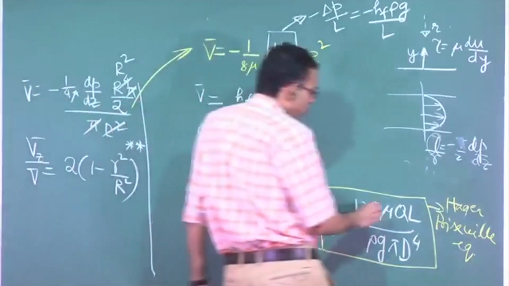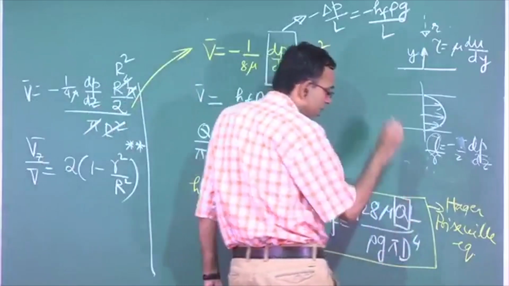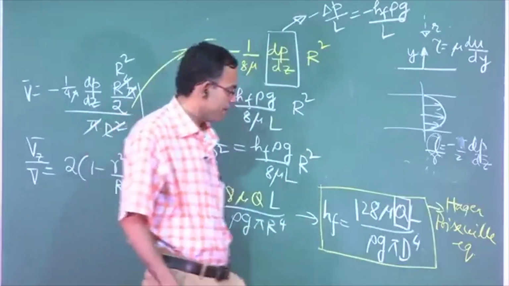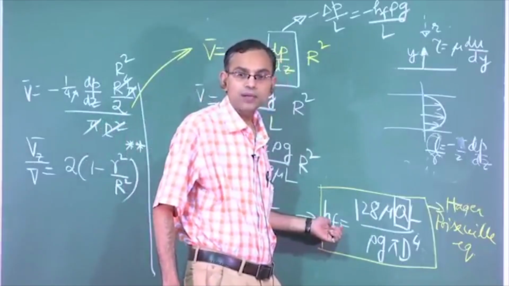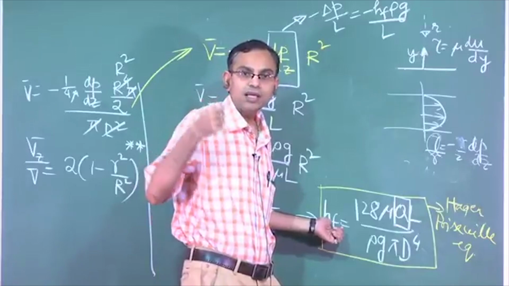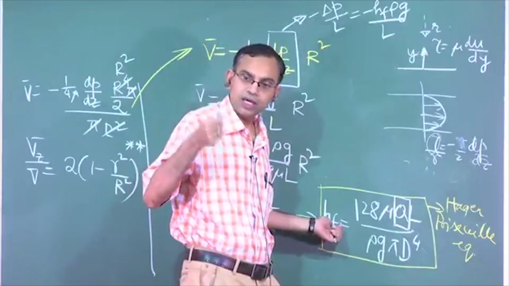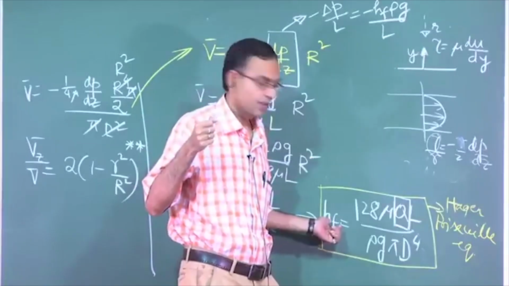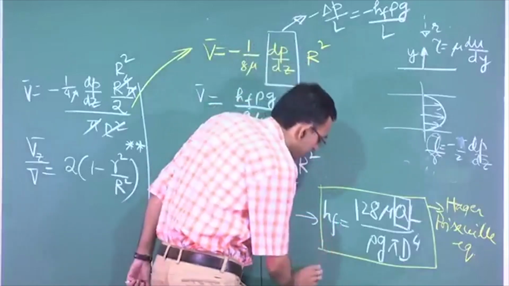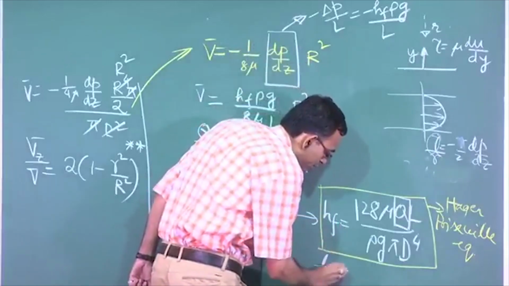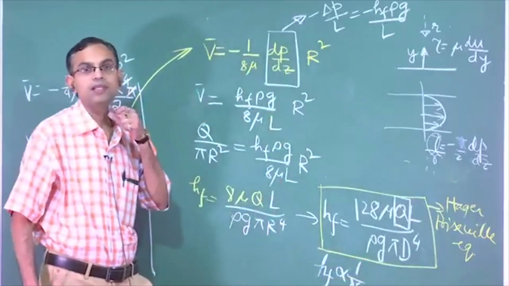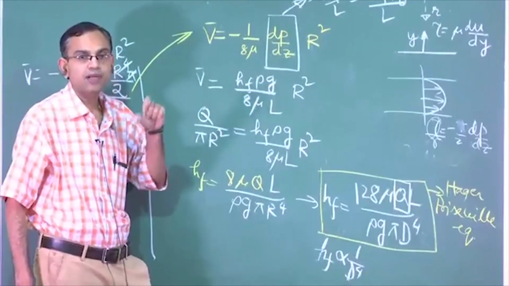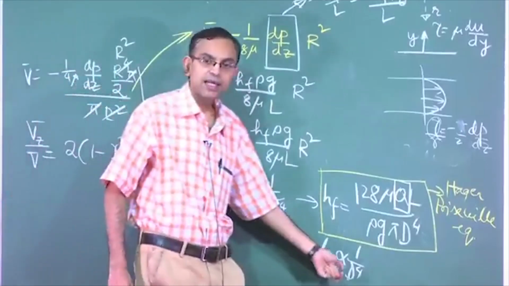If we want to maintain a particular flow rate in a pipe, then the head loss, why is head loss important? Because to overcome this loss you have to give pumping power as input. So, more the loss, more will be the pumping power. So, the head loss is proportional to the fourth power of the hydraulic diameter, or the diameter of the pipe in this case. Hydraulic diameter is an effective diameter, but for a pipe it is the diameter itself.